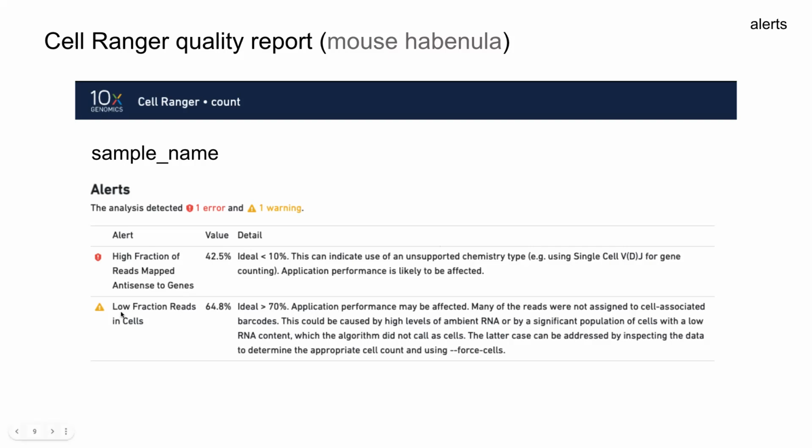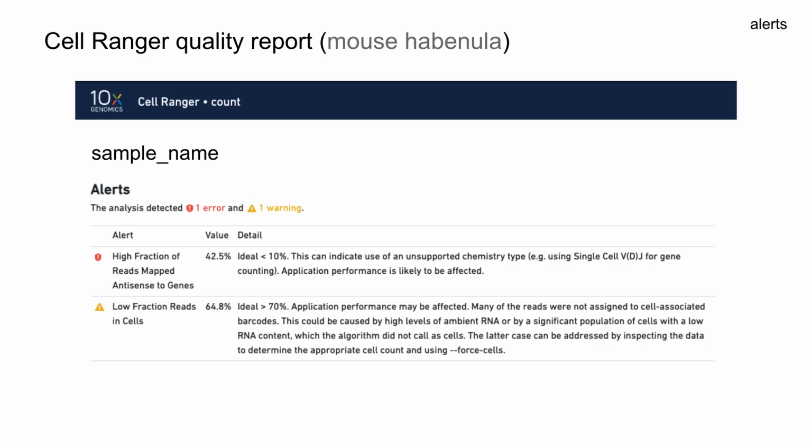And low fraction of reads in cells. I guess this isn't that far off from what their ideal is, but this is definitely telling me, yeah, it literally says high levels of ambient RNA. In a bit, we will go into what that means exactly, but you can think of it like when you have your nuclei or cell suspension, there's somehow a lot of RNA floating outside of cells.